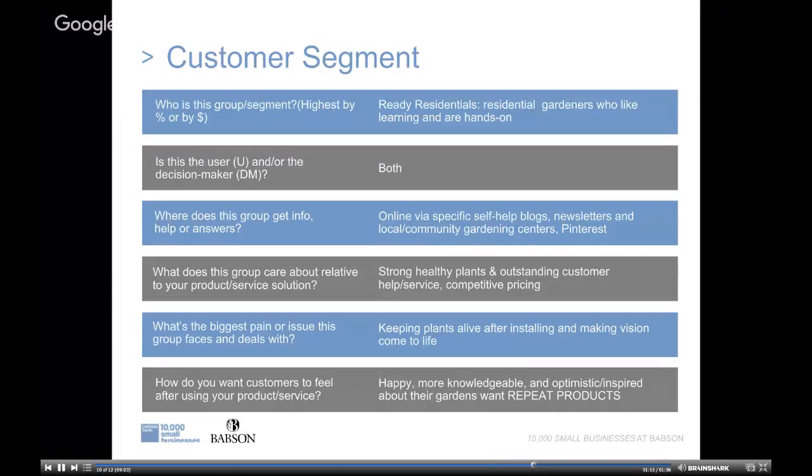Well, if you've ever been a gardener, they really want to make sure their plants are alive after they've installed them and just don't die two weeks later. And finally, Rolling Green really wants its customers to feel happy and knowledgeable and really be proud of their gardening efforts. On top of that, they want those gardeners to come back.